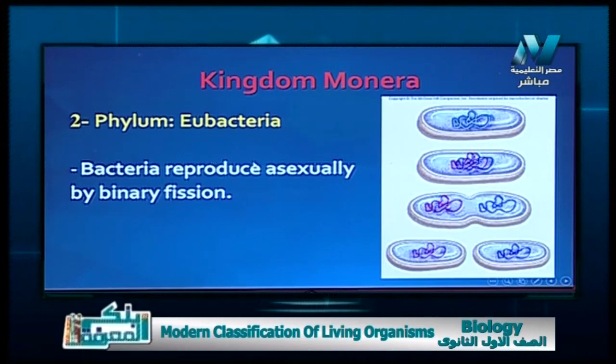Bacteria reproduce asexually, as you see here in this picture, by binary fission. One cell divides into two cells, simply. And the eubacteria are more developed than the archaebacteria.